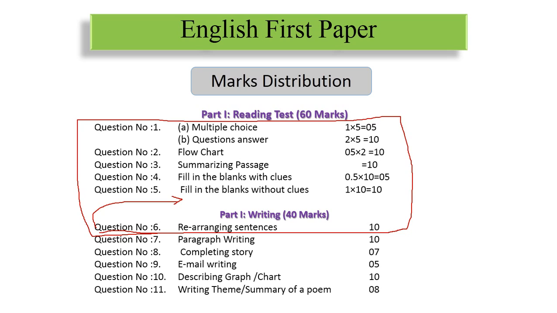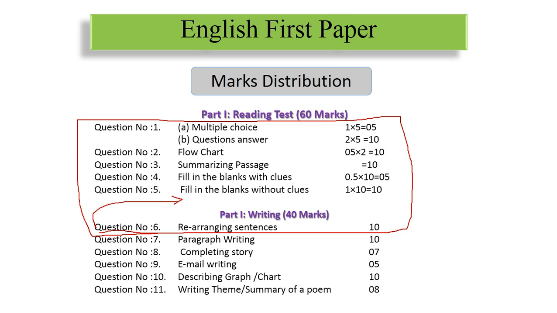You must study at least 20 to 30 poems for this writing theme or summary, and you should learn the vocabulary, and you should study the poem very carefully and understand it clearly in Bangla and English.